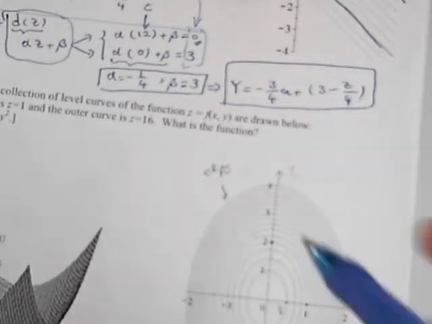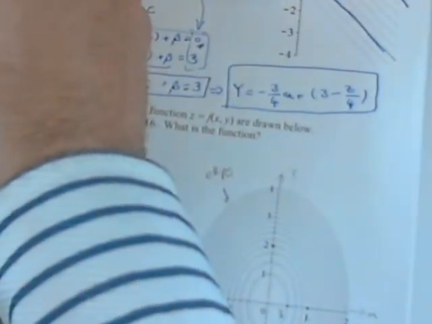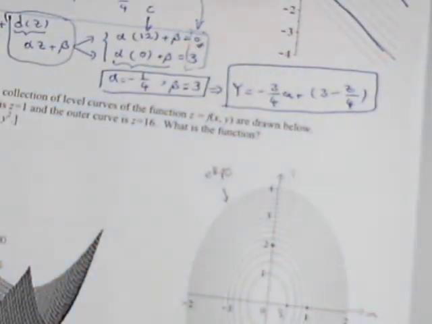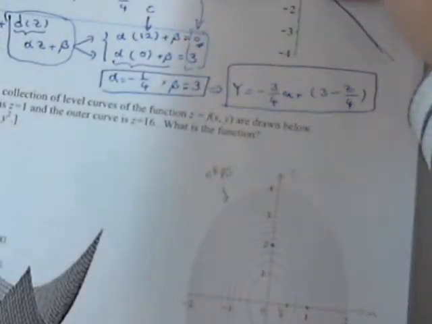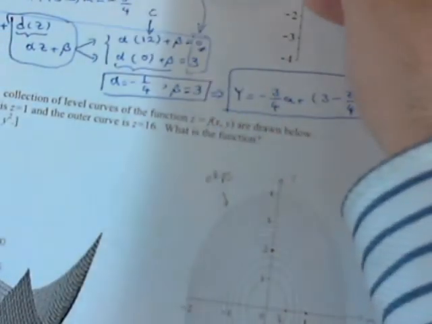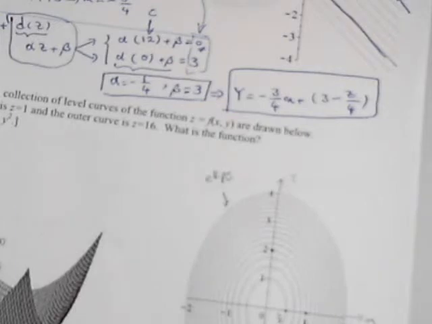Okay, so I started with finding the equation for level curve 0 when c is 0, right? It was given by this straight line which passed through these 2 points. I used these 2 points to find the equation for the line, and that 3 came from that. So you have 2 points, you need to find the equation for the line that passes through these 2 points, right?